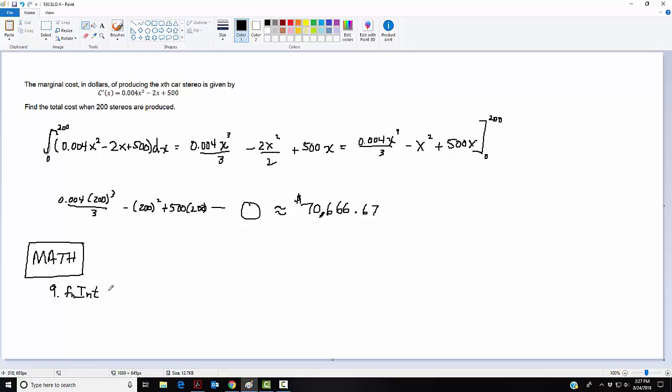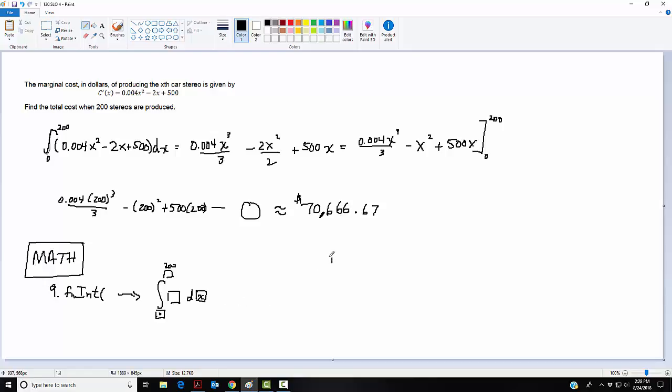Now if you have one of the newer 84s, when you enter on this, what you're going to see on your screen is just some blanks, and then you're going to have like d and then another blank, and you just have to fill it in. You basically are going to put in 0, you're going to put in the 200, then you're going to put in the equation here and just put it in terms of x. So you just hit enter, really straightforward.